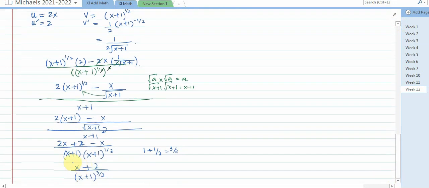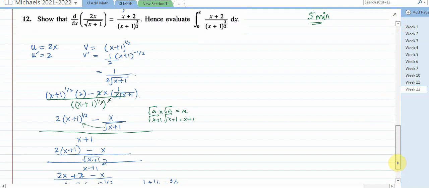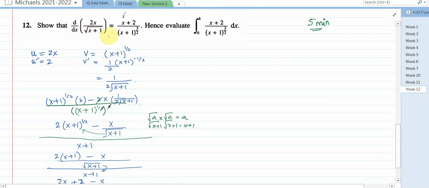Yes. So that is the first part of differentiation, that we have shown the left hand side is equal to the right hand side. Alright, the next one says that d by dx of 2x divided by under root of x plus 1 is equal to x plus 2 divided by (x plus 1) to the power 3 divided by 2.